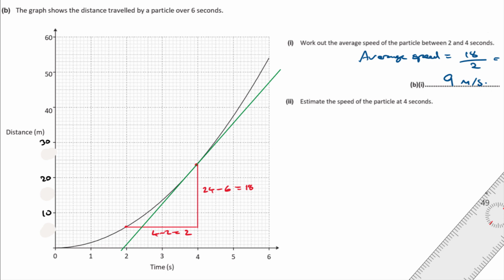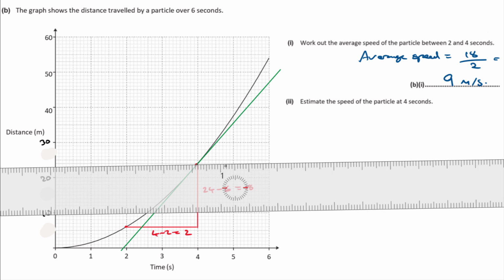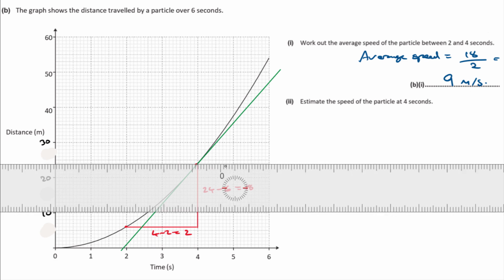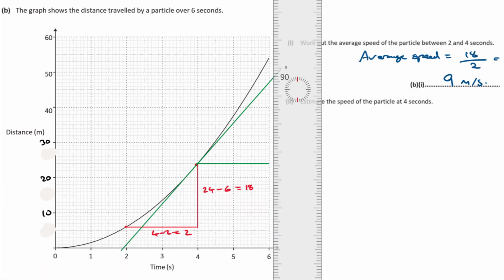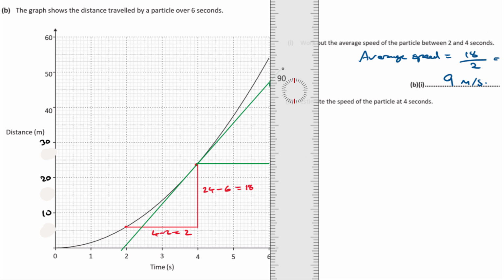Then I need to take 2 points that I can easily read and divide one by the other to come up with an estimate. We already knew that one was at 24, so let's crack on from there. If I draw another triangle here, and work out the gradient of my tangent then.